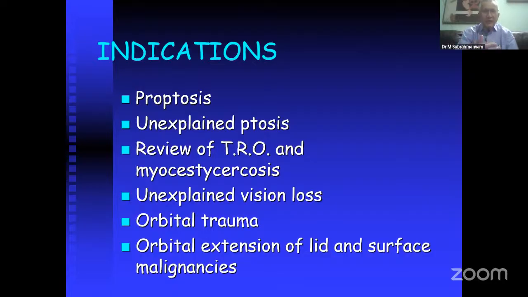For review of thyroid orbitopathy and myositis, unexplained vision loss, orbital trauma, orbital extension of lid and surface malignancies. If you want to rule it out, you have to get a CT scan, because the plan depends on whether there is an orbital extension or not.